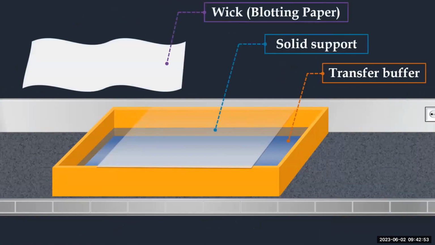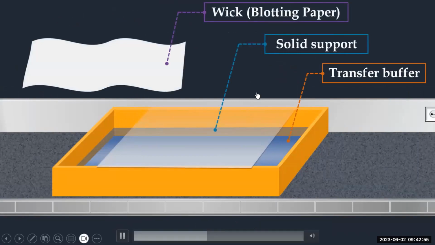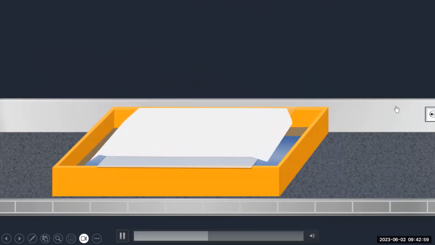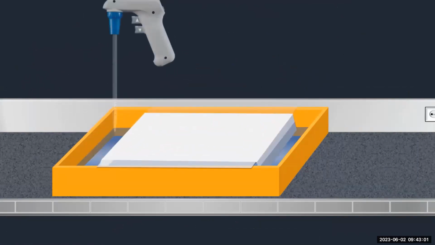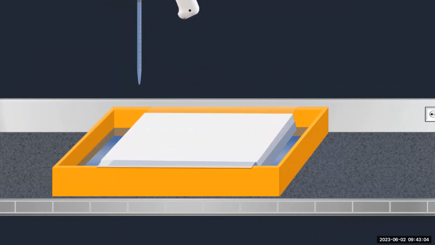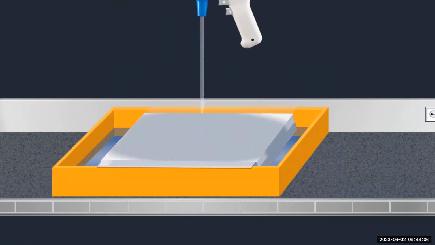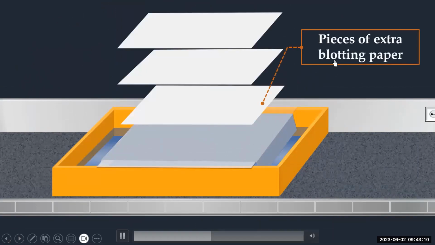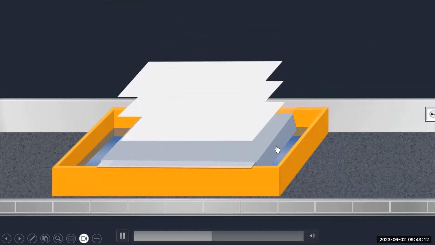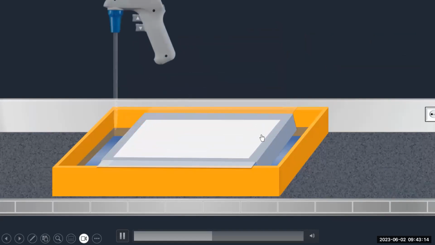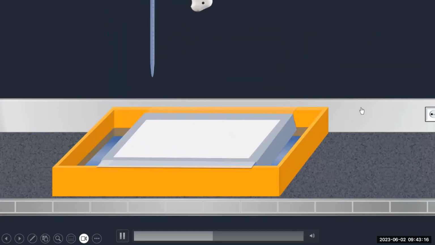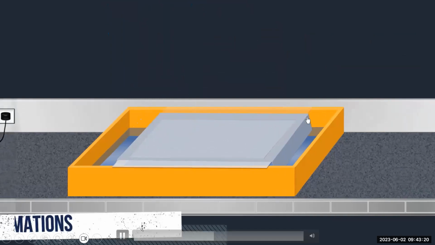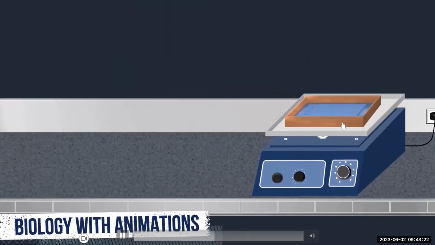Transfer buffer, and we keep the support first. And then we place a paper towel and soak the paper towel with the buffer. Then it contacts the buffer directly, and we keep a set of papers again. Again, we soak. Once we soak, it makes contact with the next level.